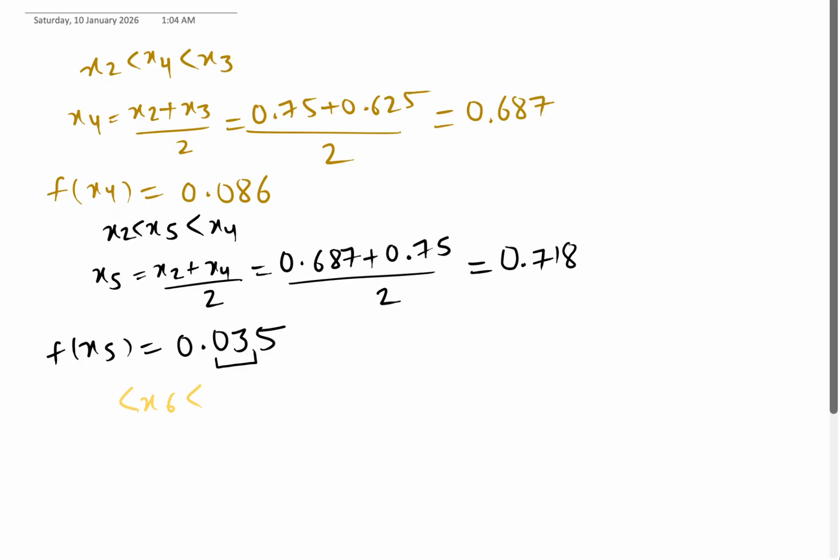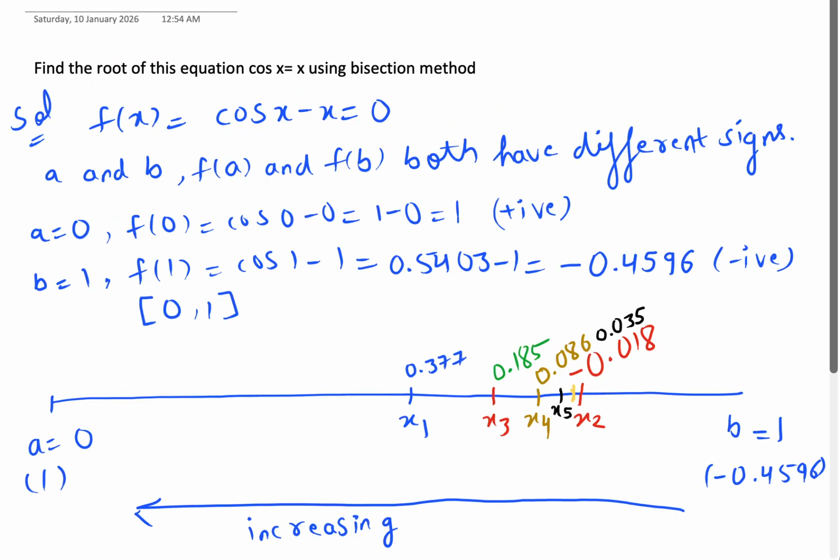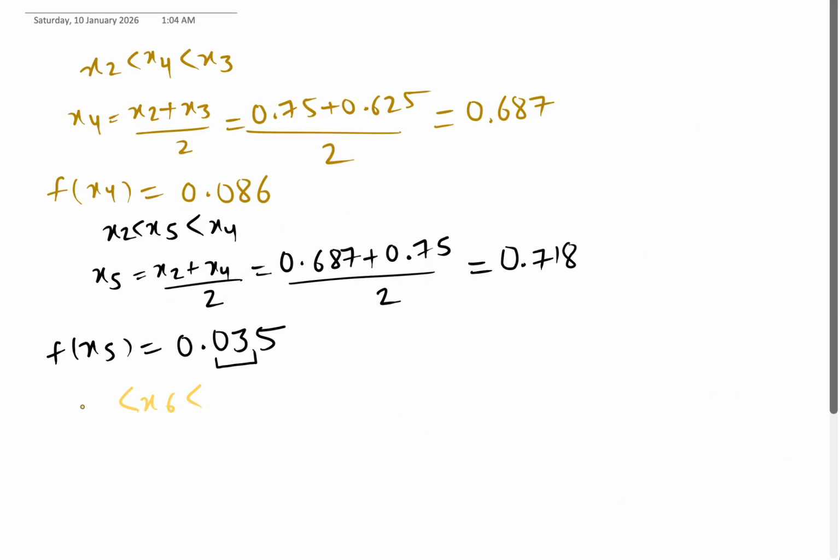This will be between x2 and x5. So x6 is equal to x5 plus x2 upon 2. So what is x5?